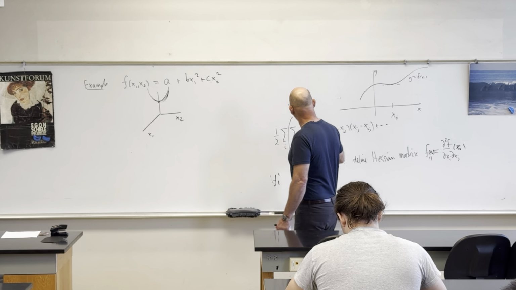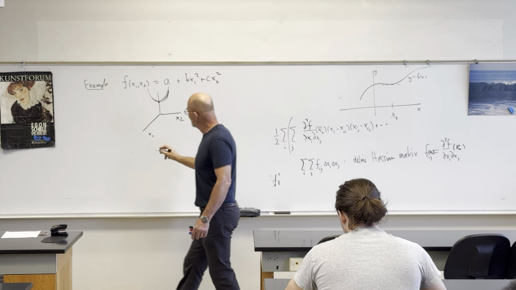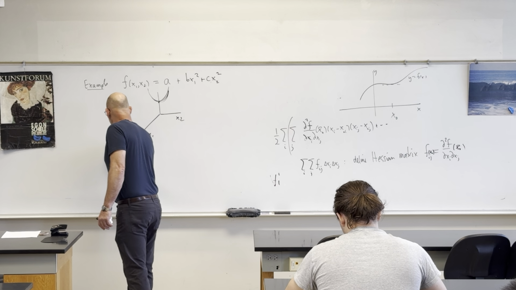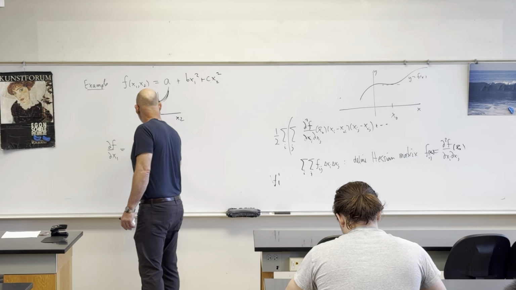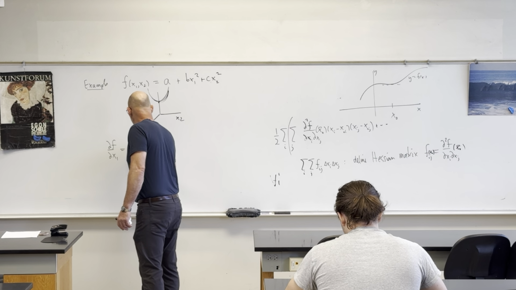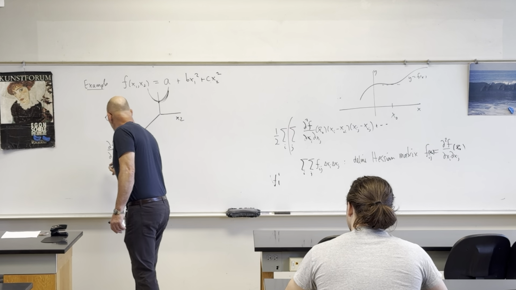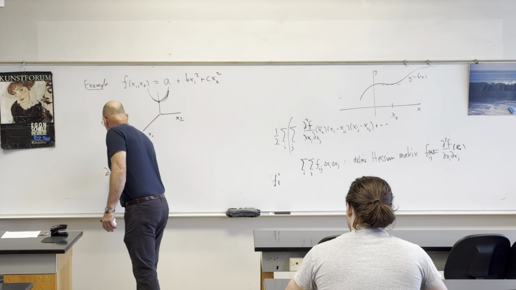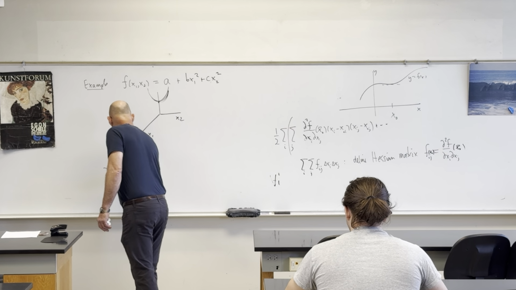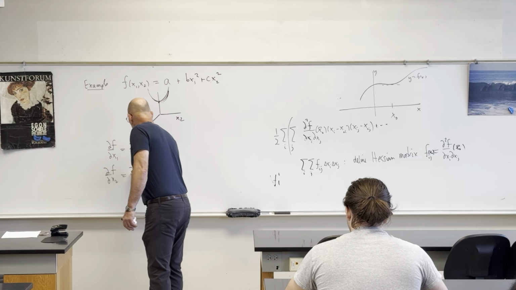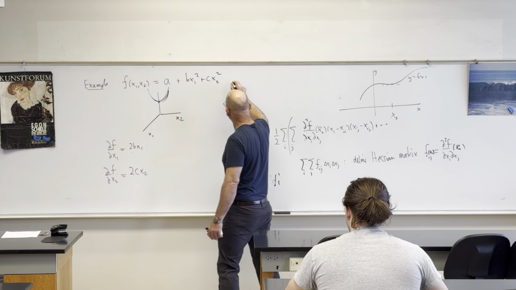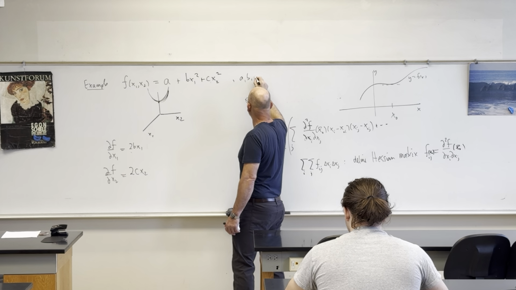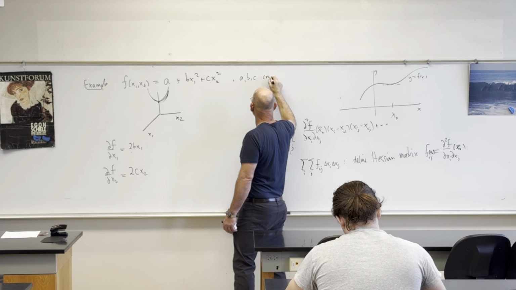So let's look at what our formalism tells us. We're going to look at df dx1, which is 2b x1, and df dx2 is 2c x2. So a, b, and c are constants.